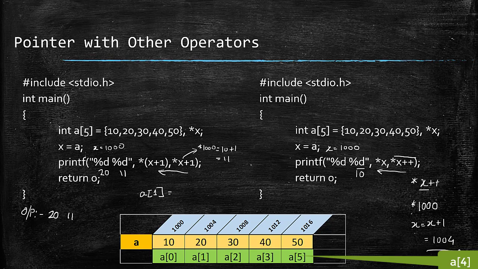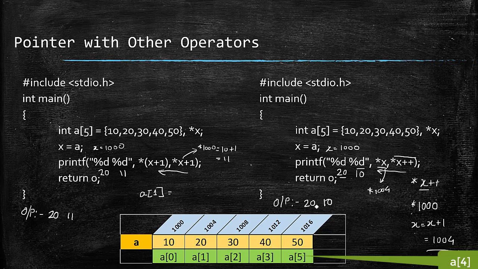Now *x means the value at the address 1004. What is the value at the address 1004? It is 20. So this parameter will give me 20, which will be printed in this format specifier. So for this code, the output will be 20 10.